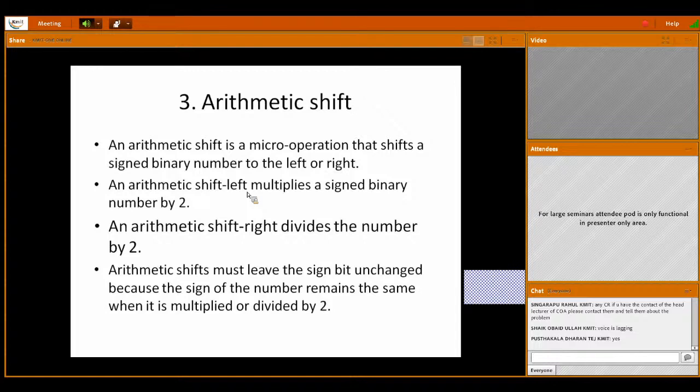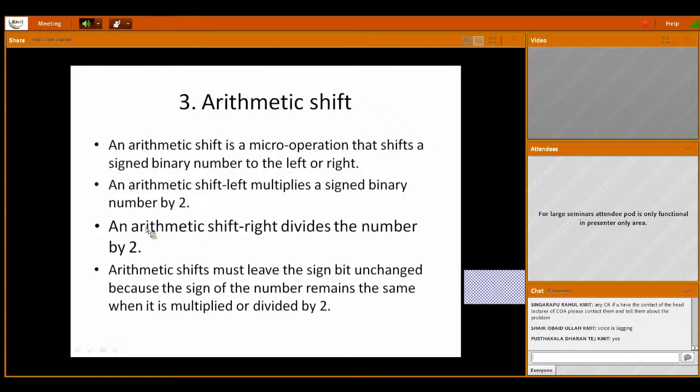When you perform a shift left operation on R1, you get 8 into 2, 16. That means you will get the corresponding binary number for 16. That is the meaning of this: an arithmetic shift left multiplies a signed binary number by 2.